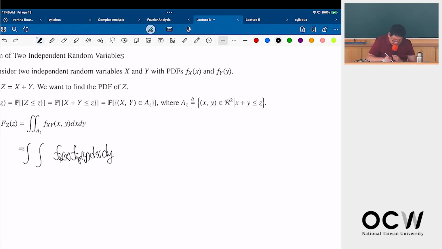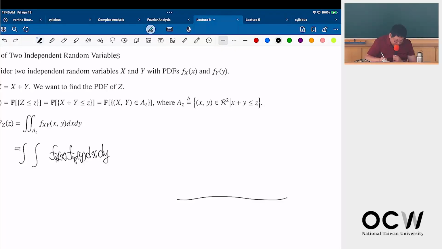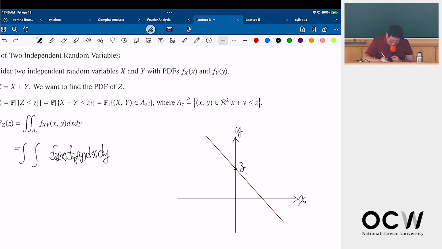Here x, y. This is y, and here there will be z, and this is also z. This red line is x plus y equals z.